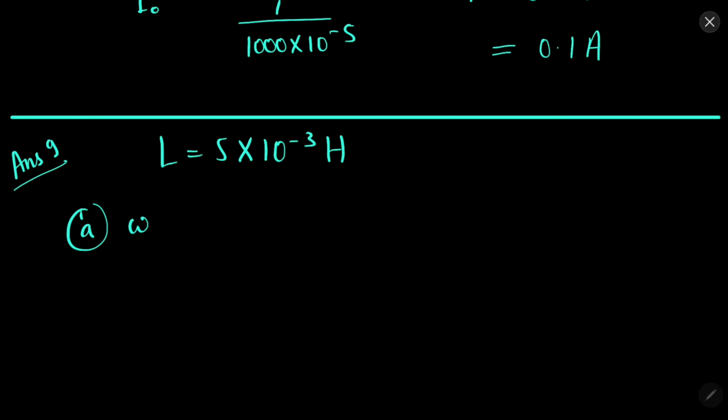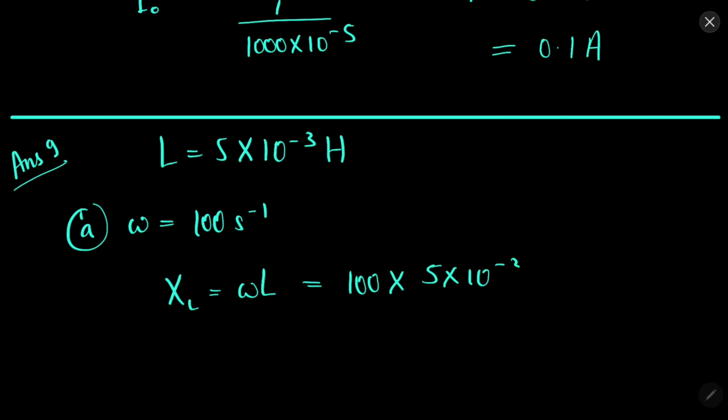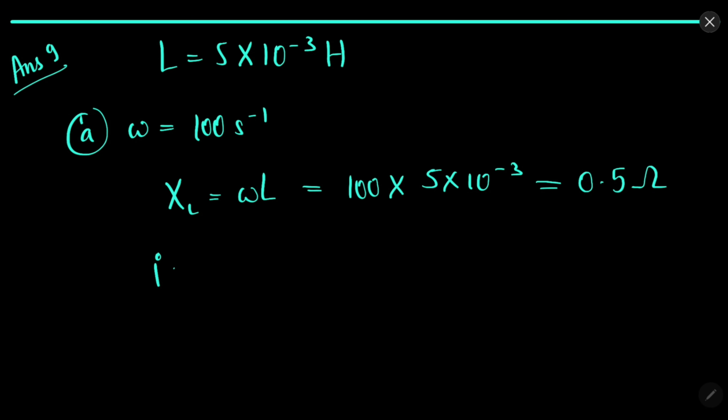Part A, omega equal to 100 per second. We know that XL is omega L, 100 into 5 into 10 to the power minus 3, 0.5 ohms. So I will be V0 over XL, 10 over 0.5, 20 ampere.